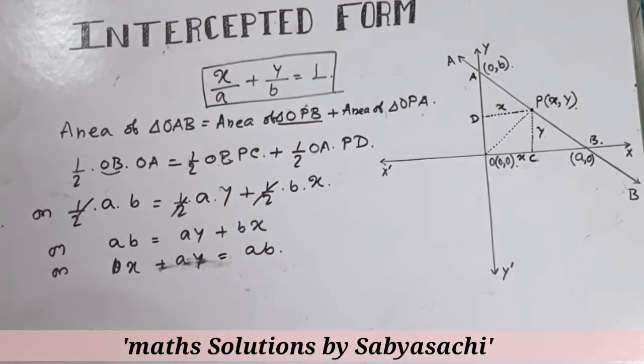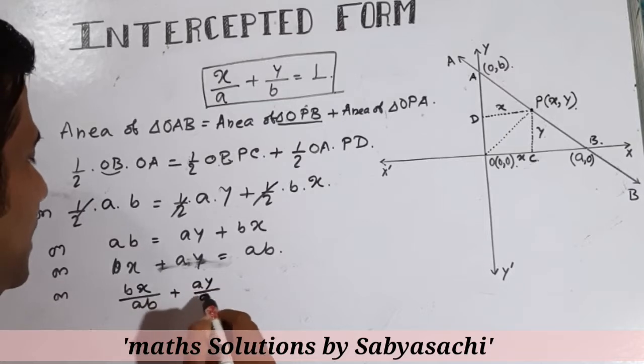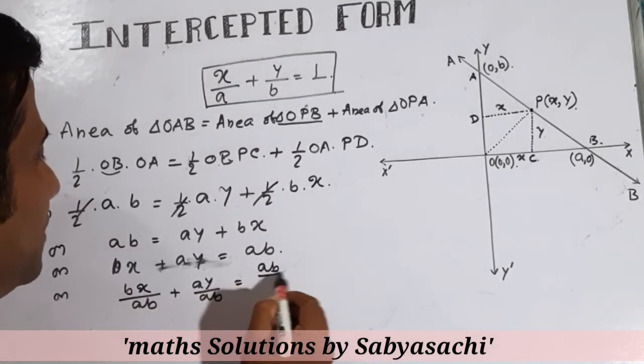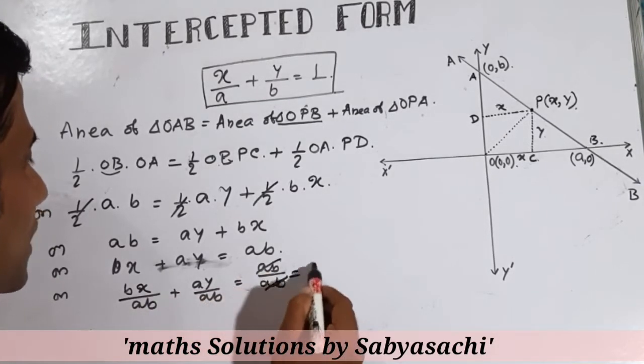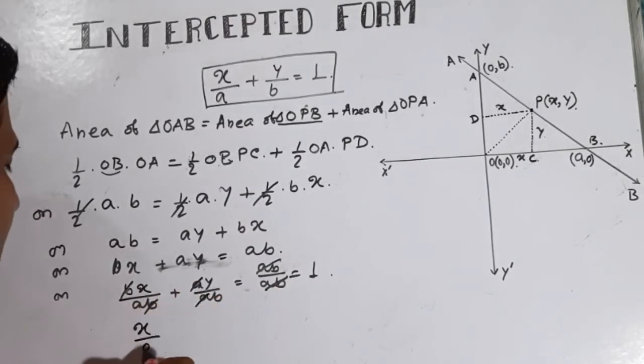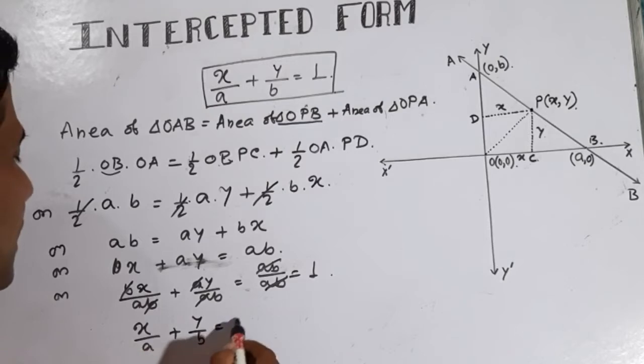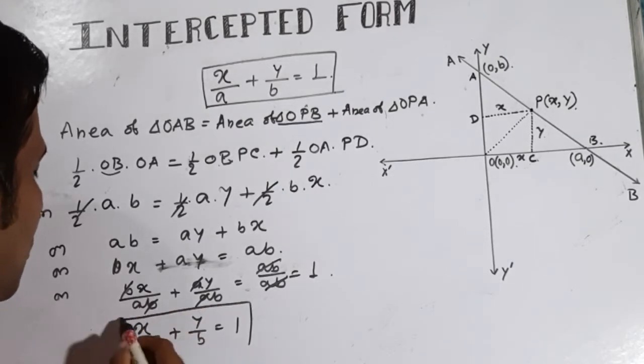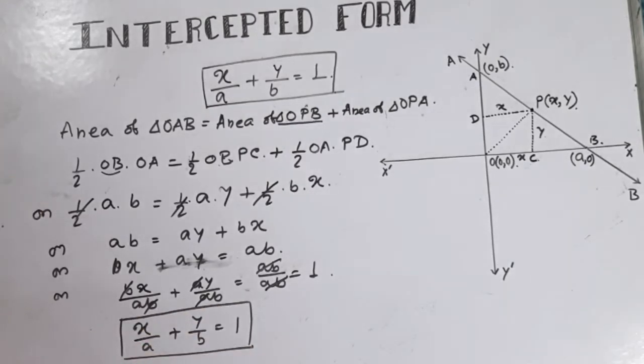Dividing both sides by ab, we get bx/ab + ay/ab = ab/ab = 1. Cancelling b and a, we get x/a + y/b = 1. This is the equation of the straight line.